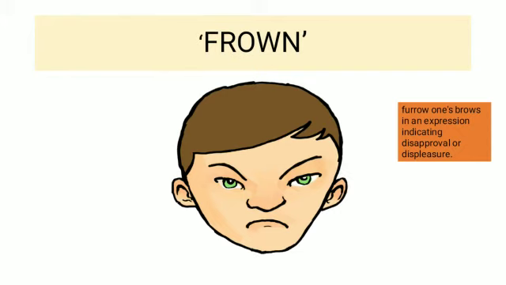Before we proceed, let me show you some of the facial expressions that we'll encounter while reading the poem. The first one is frown. To furrow one's brows in an expression indicating disapproval or displeasure, isn't it? Brows, you understand, na? The eyebrows. An expression indicating disapproval, displeasure, unhappiness.